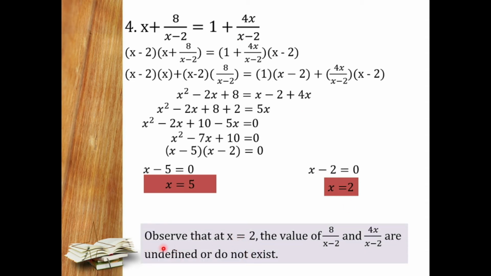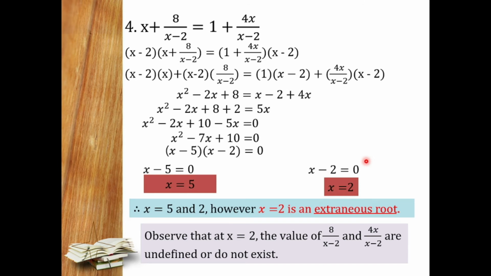Okay, ayan, nakalagay. Observe that at x is equal to 2, the value of 8 over x minus 2 and 4x over x minus 2 are undefined or do not exist. So, that means, though we solve two values of x which are 5 and 2, yung 5 lang ang real solution, while 2 is an extraneous solution.